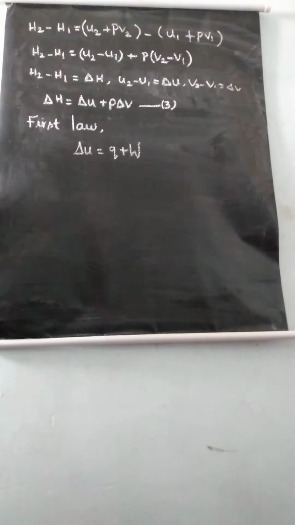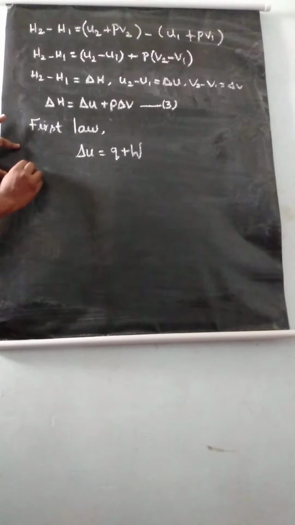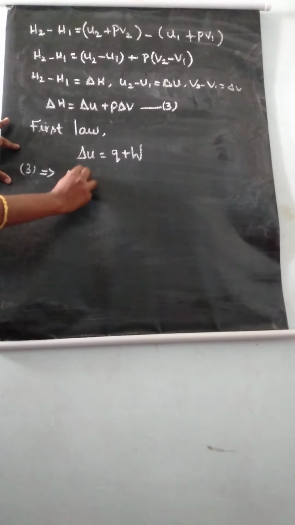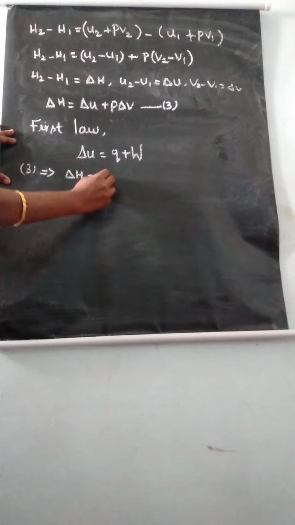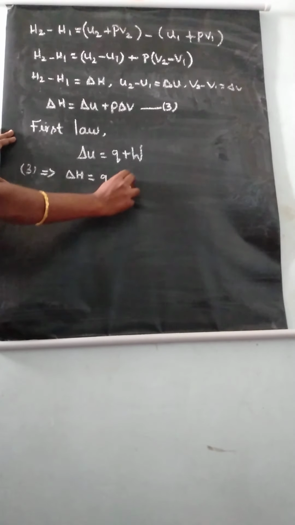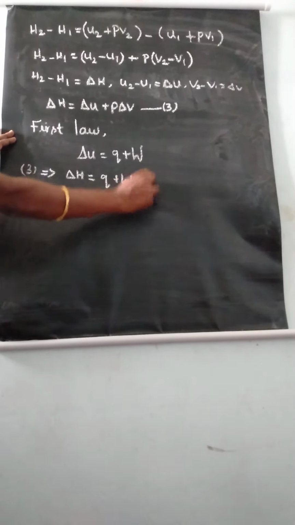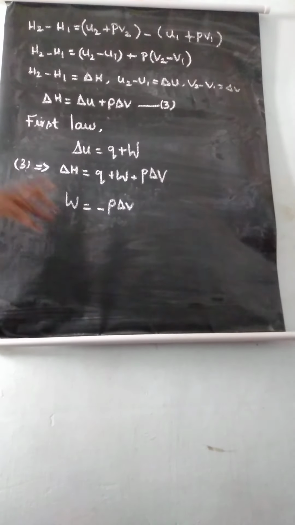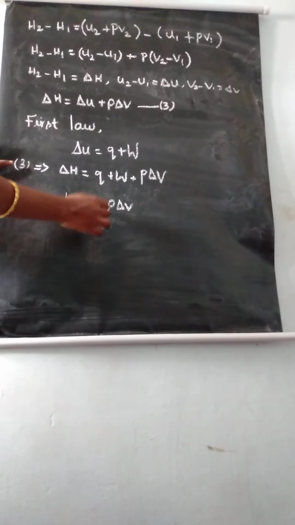Now substitute this value in equation 3. Delta H is equal to delta U value, Q plus W, plus P delta V. Now the work formula you already know: work W is equal to minus P delta V. Substitute this value.